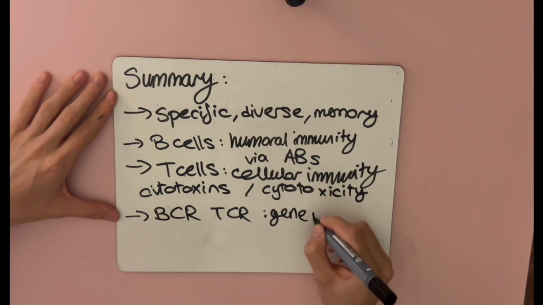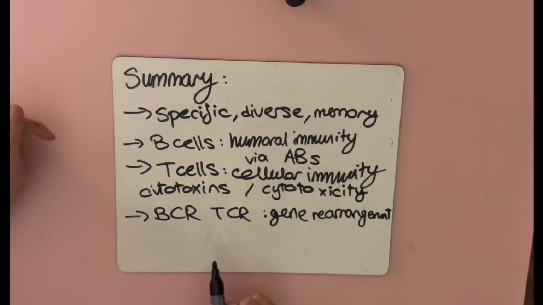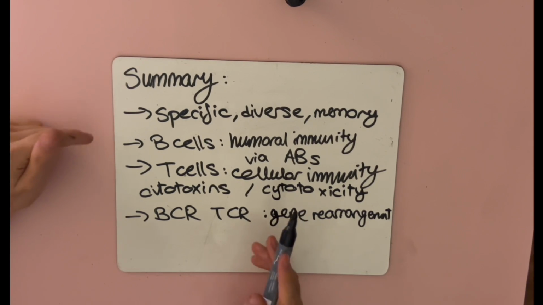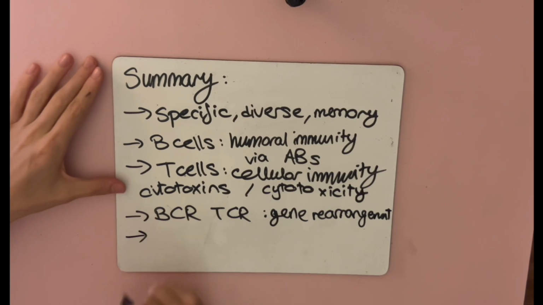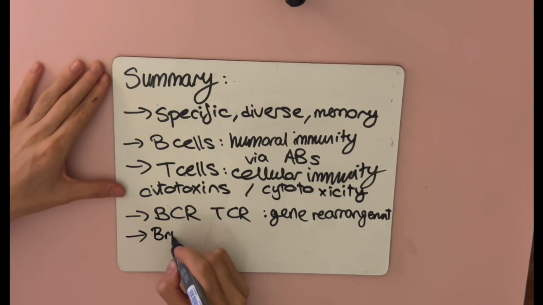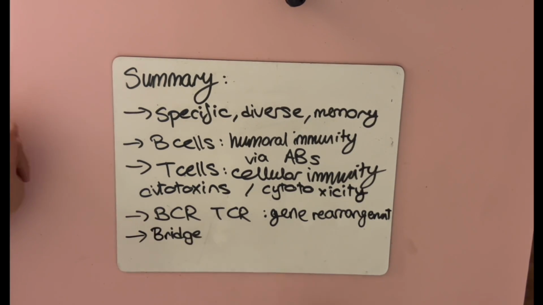The innate immune system provides the context and activation signals that shape the adaptive outcomes. So, the innate and adaptive immune systems are tied together, they're connected. Lastly, the cooperation of both systems ensures effective, regulated, and lasting protection.